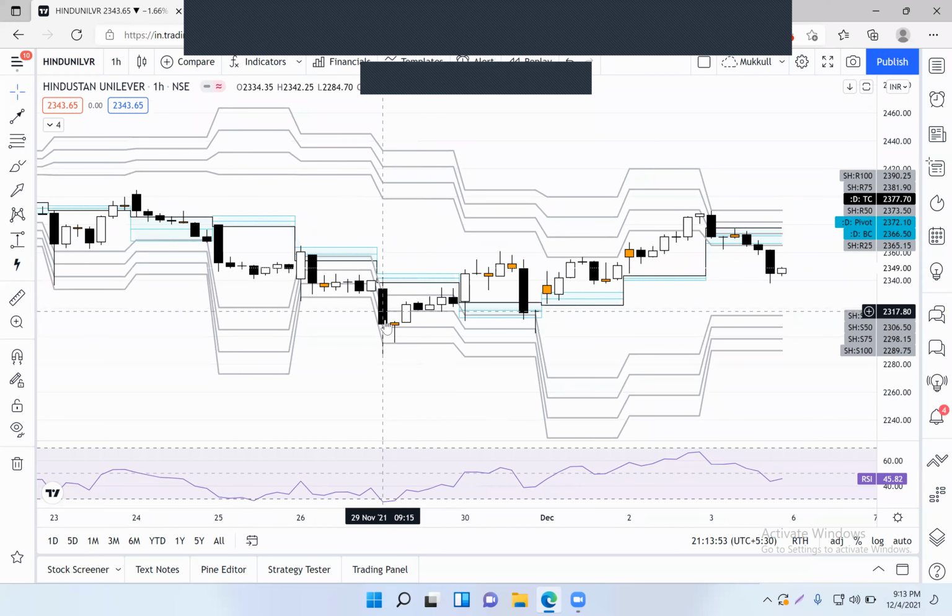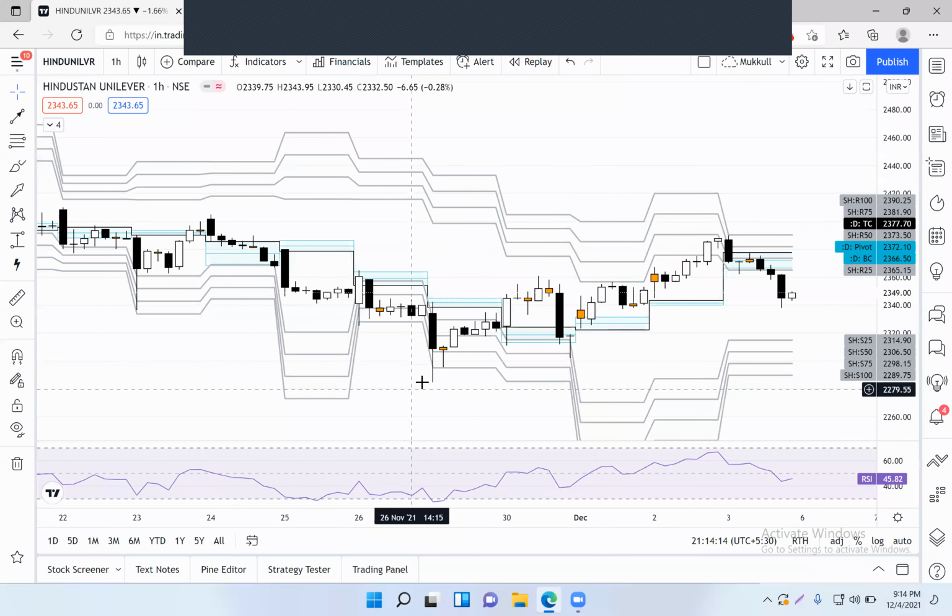Look, it tried to go down below S100, but eventually closed up. So now, according to the setup which I told you, where would be your entry? You would spot entries at S75 or S50. Okay. If you see, what is this? A kind of hammer.